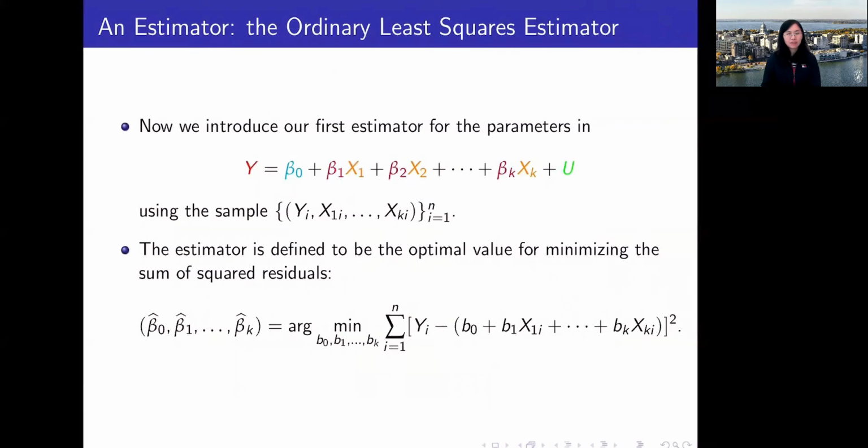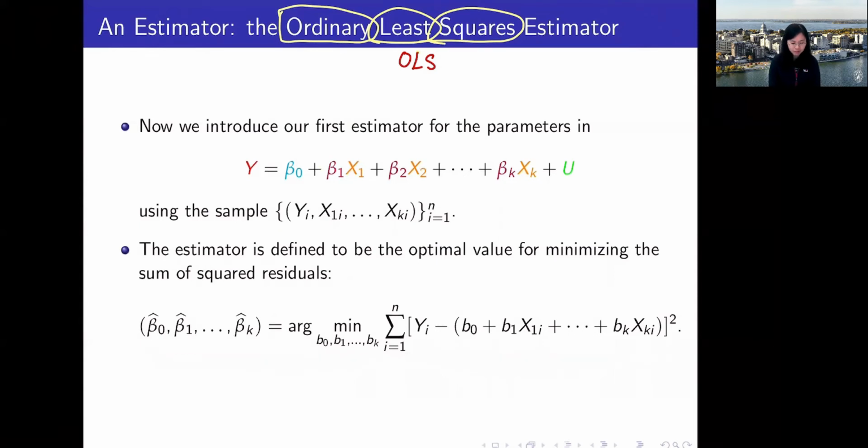So now let's introduce the estimator. And the estimator we are going to introduce is called the ordinary least squares estimator, or OLS estimator. Now let me straight off the bat give you the definition of the ordinary least squares estimator.